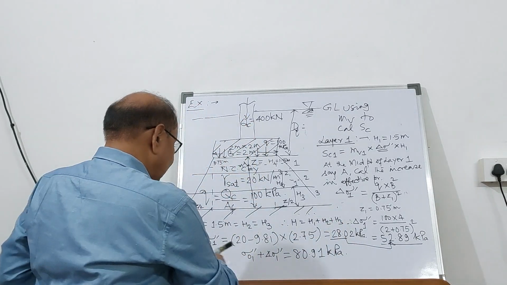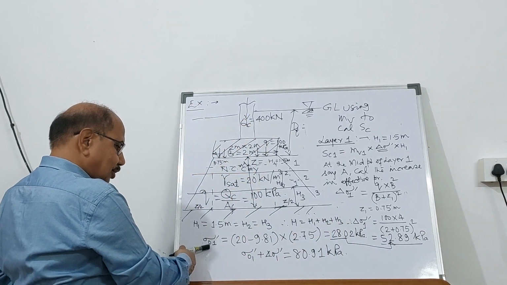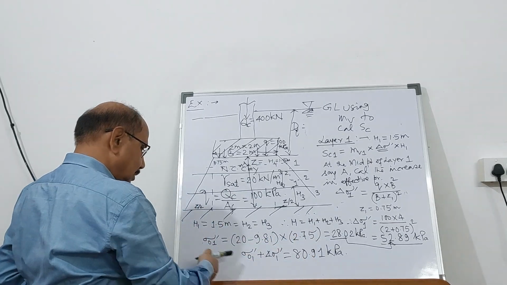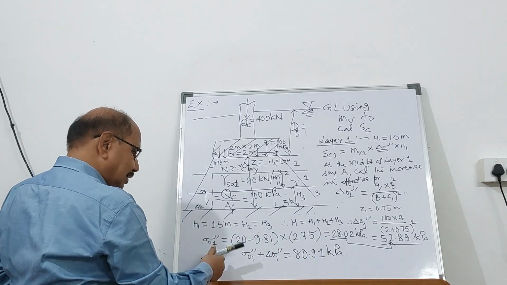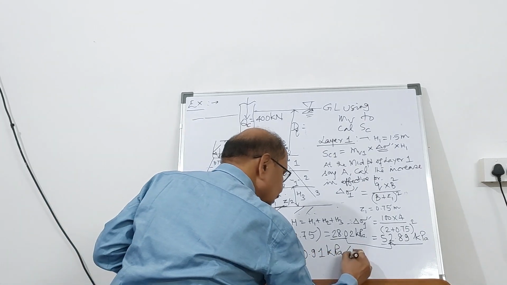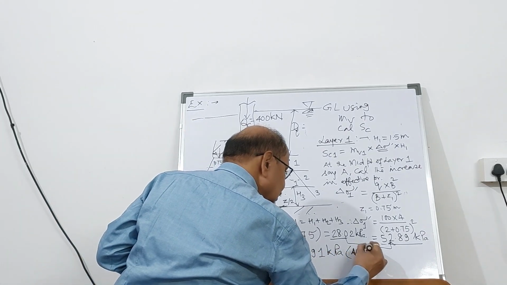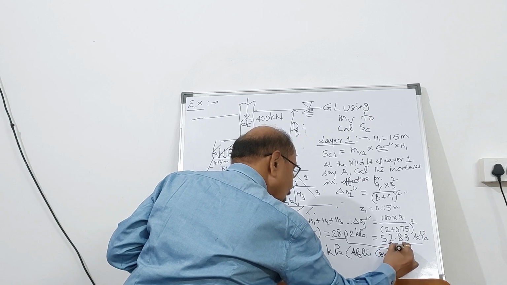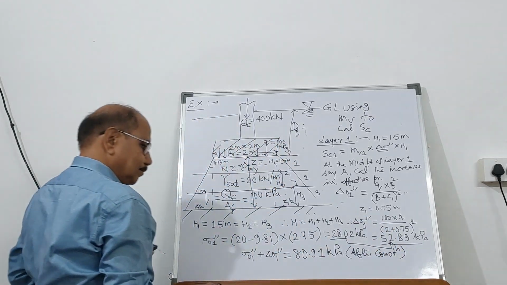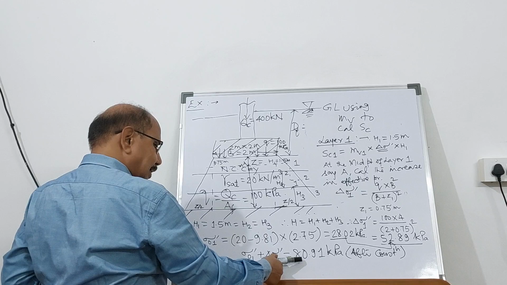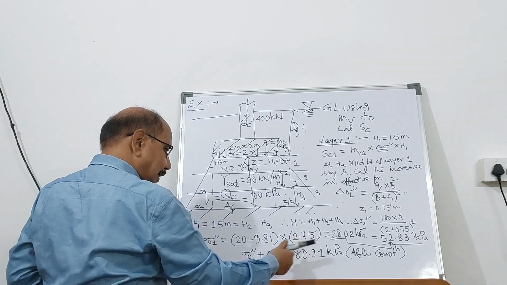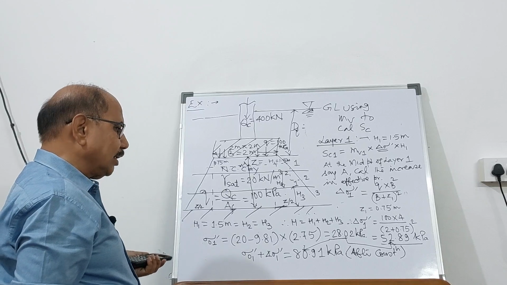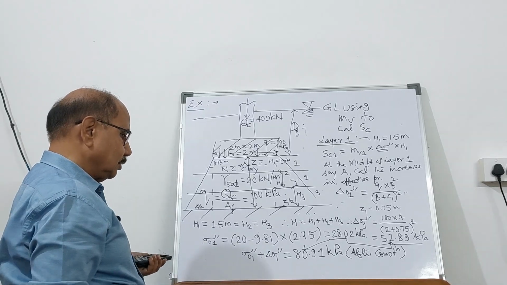So your original pressure before construction was only 28 kilopascal. Now, after construction, or after placing the footing, the pressure increased from 28 to 80.91, almost 81.